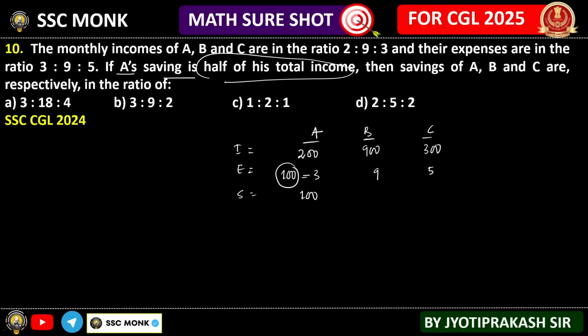Got it sorted? Yes. Now if 3 parts is equal to 100, 9 parts will be 3 times this, that is 300. 5 parts will be 100 by 3 into 5. Yes or no? Yes. Here savings is 100. Here savings will be 900 minus 300, 600. Here saving will be 500 by 3.